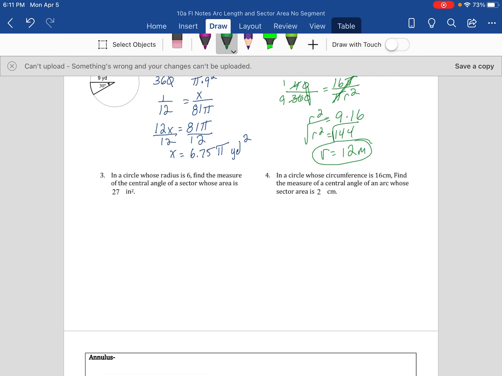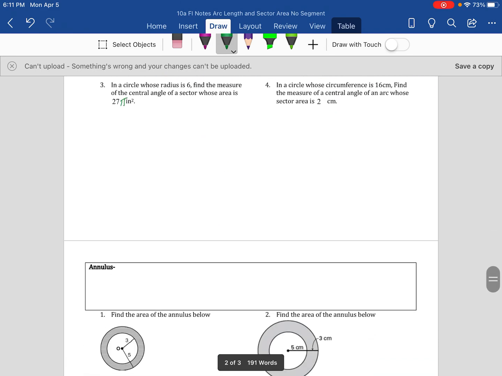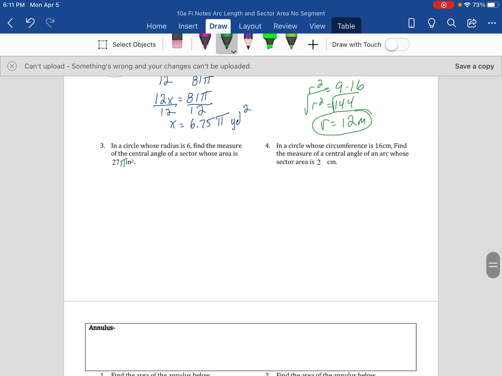Number 3, in a circle whose radius is 6, find the measure of a central angle of a sector whose area is 27 pi inches squared. So we're being given the radius, and we're trying to find the central angle, so that's going to be x over 360. I know that our sector area is 27 pi inches squared.